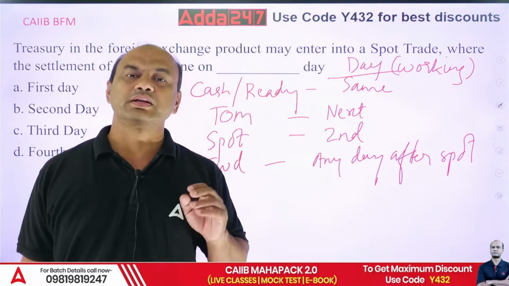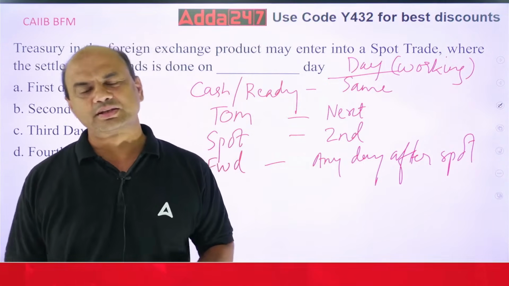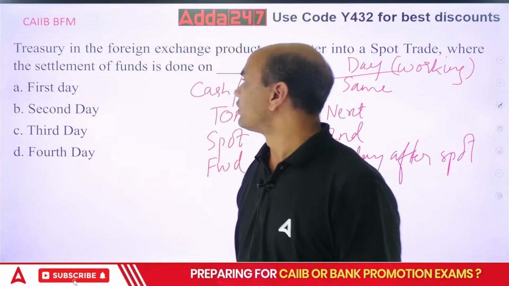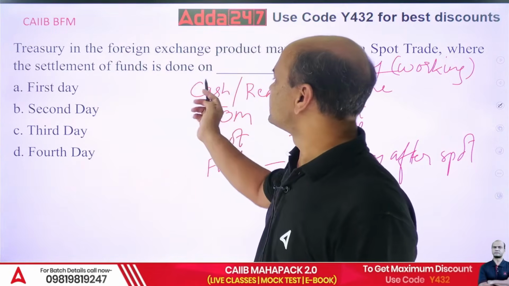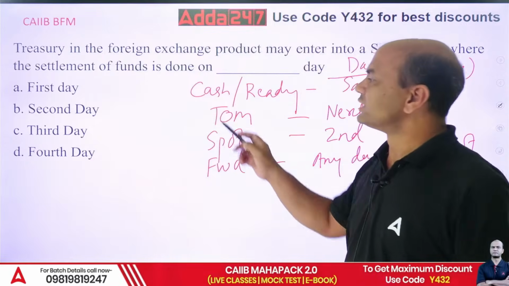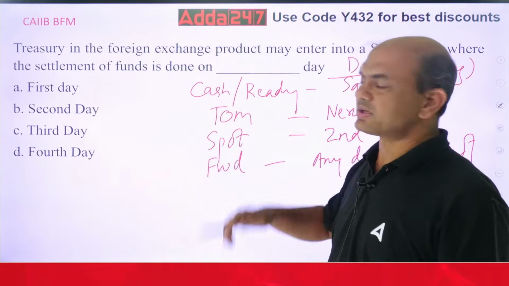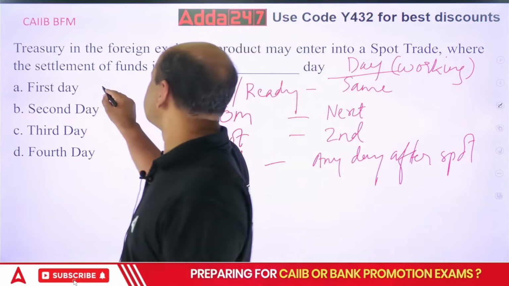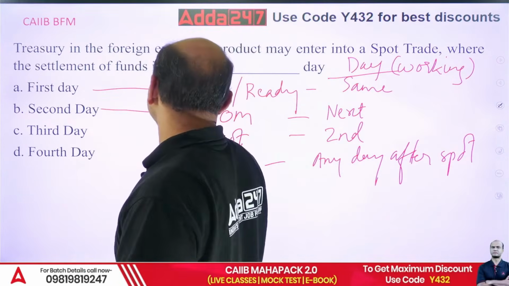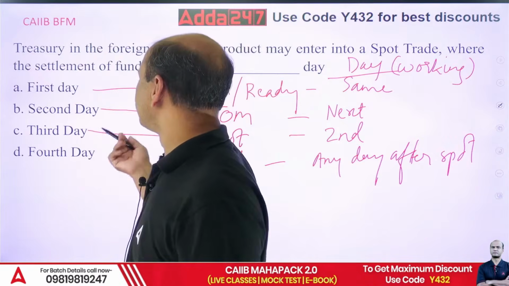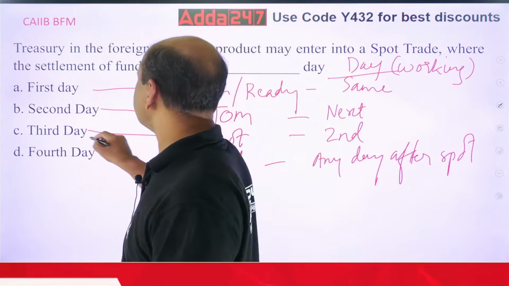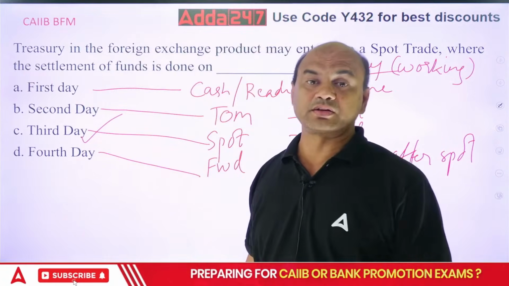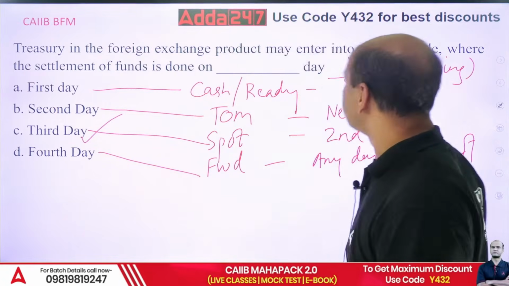Future is only an organized forward, but the remaining logic is the same. The fund settlement is done on the first day, second day, third day, fourth day. The first day is cash, second day is tom, third day is spot, and fourth day will be forward. So the answer is the third day. The settlement is done on the third day. Got it?